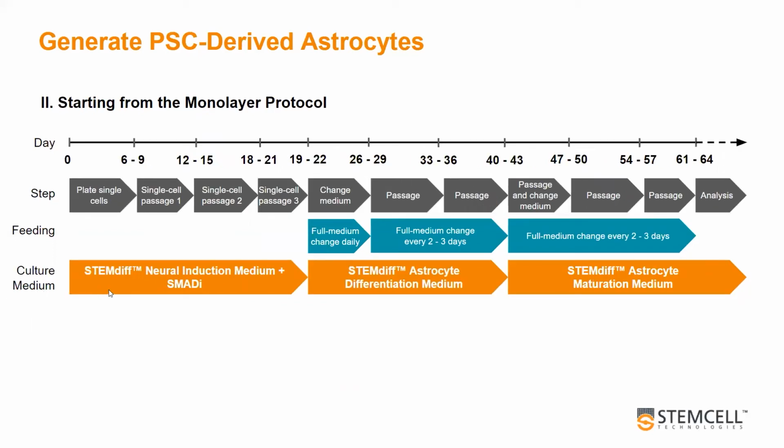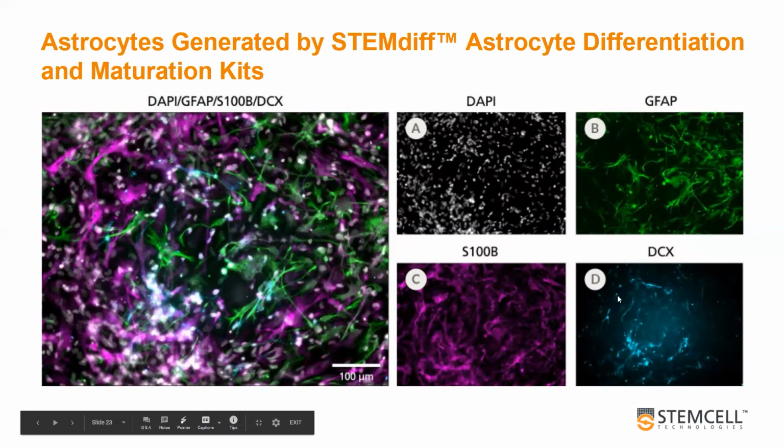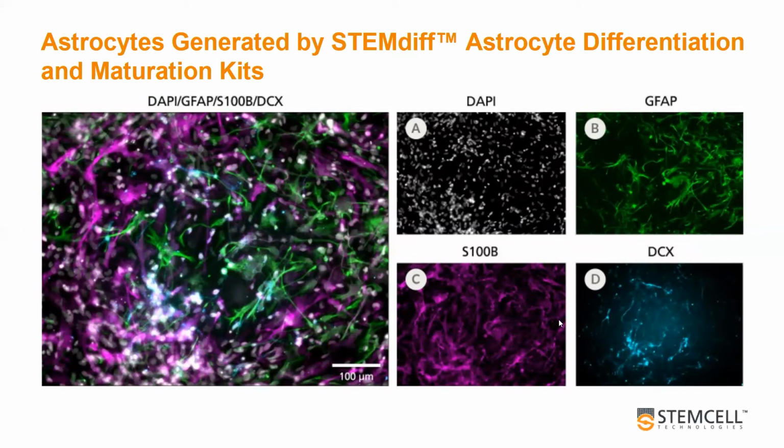Again, the monolayer protocol of the astrocyte kit will take longer in the neural induction process. As we can see from these images, our products can help you to get over 70% S100B positive and more than 60% GFAP positive astrocytes with less than 15% double cortin positive neurons.